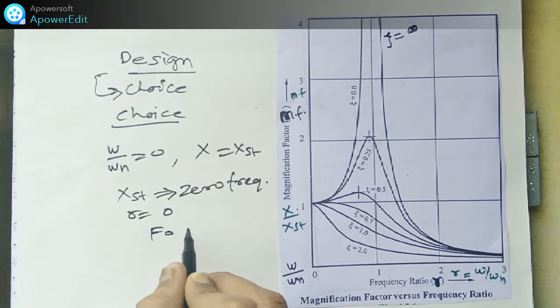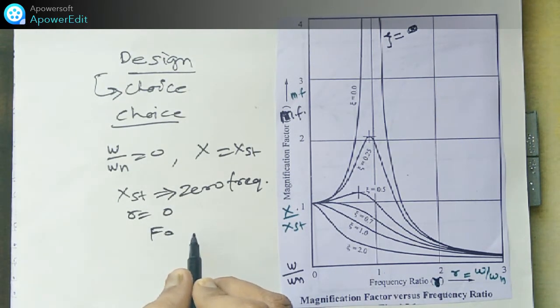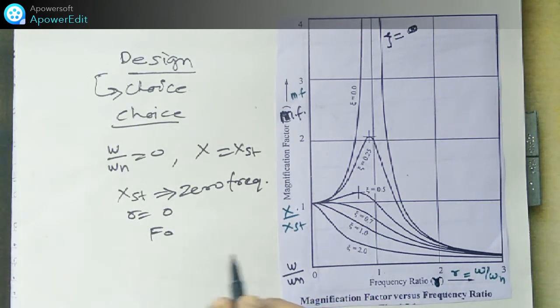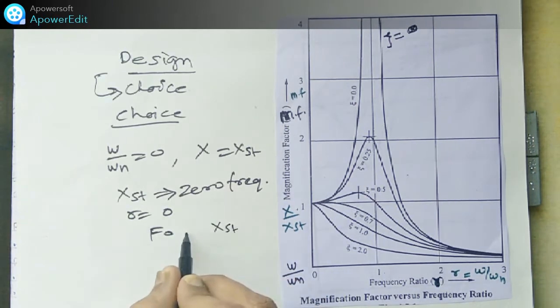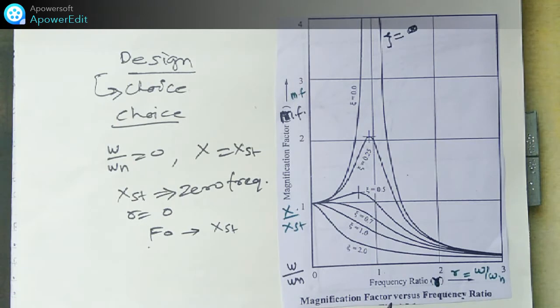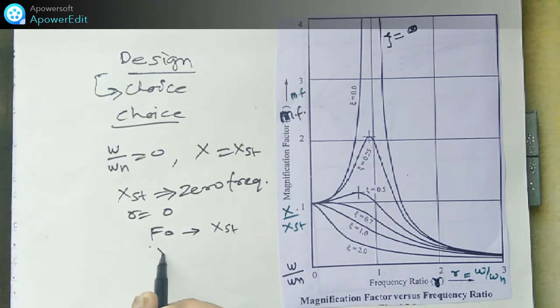This F0 is constant, so the response, meaning the displacement, is equal to x_st. Due to this force, static deflection will be there, and thus x by x_st becomes equal to 1.